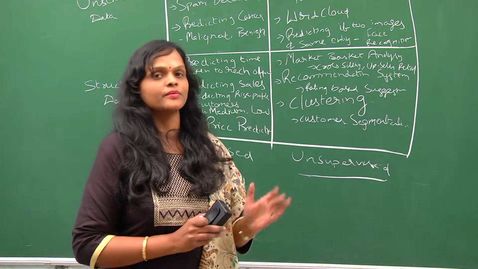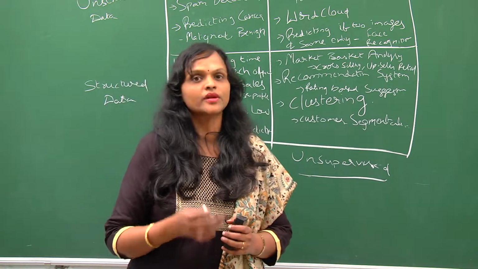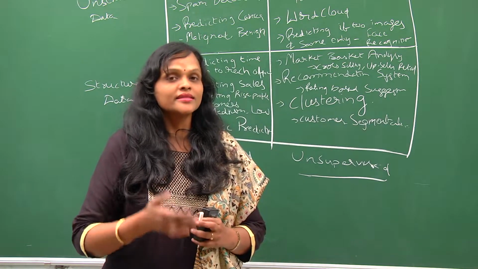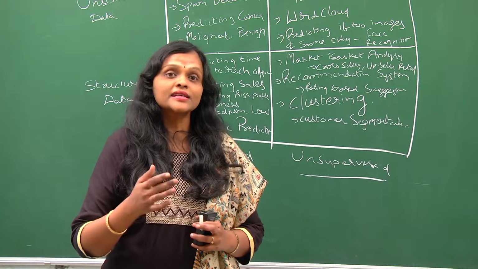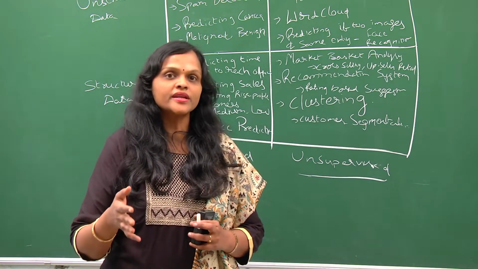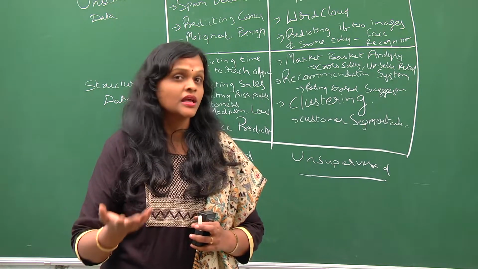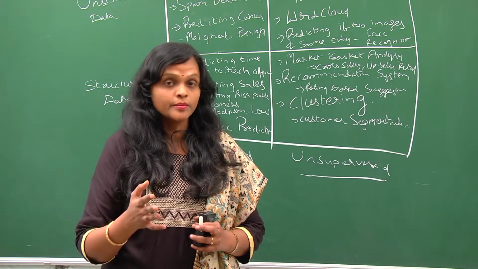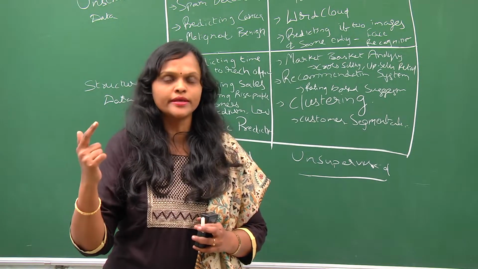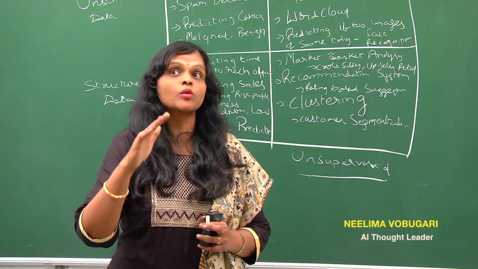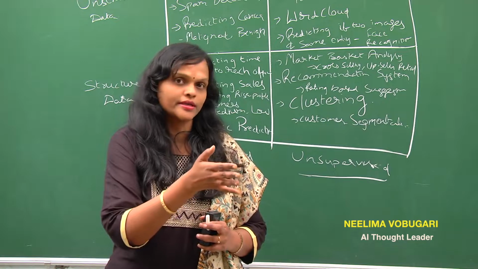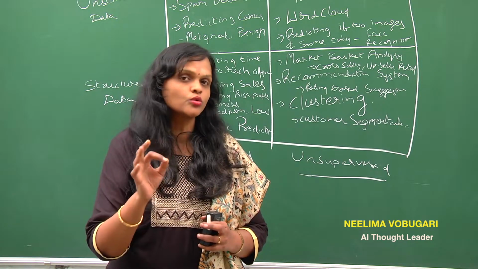We use the clustering mechanism or clustering algorithms, where the customers are actually segmented based on their buying pattern. Again, when I say based on the buying pattern, there is no predefined rule here. It doesn't say that if the customer has bought more than 5,000, put them in this group. There is no rule as such.